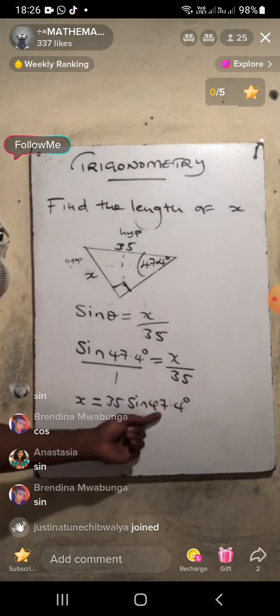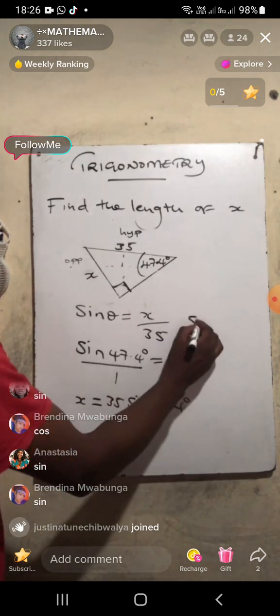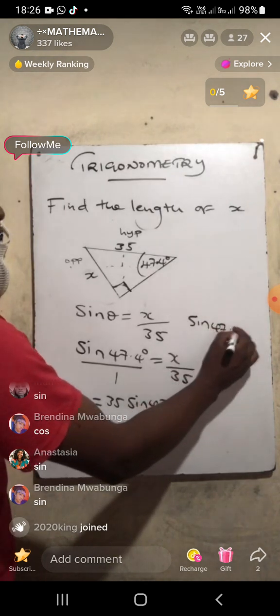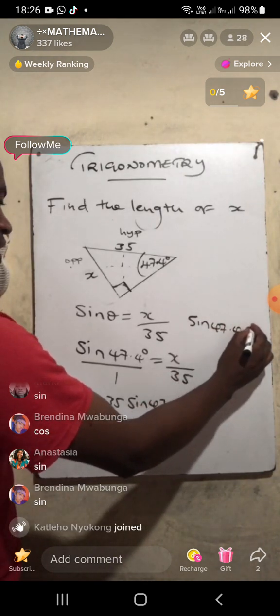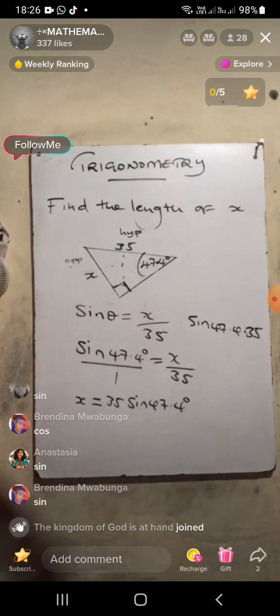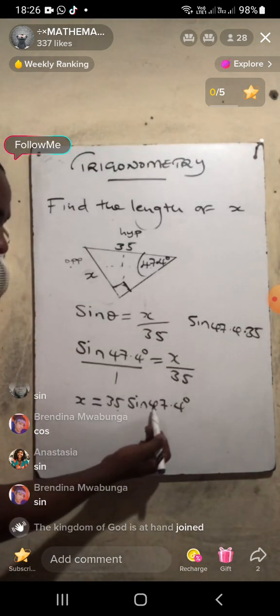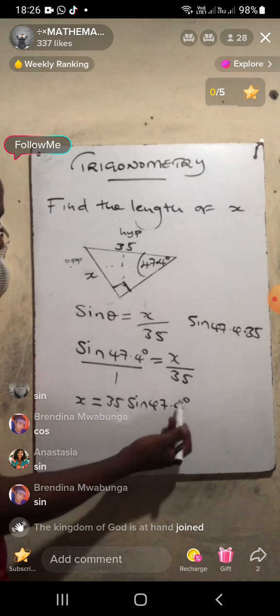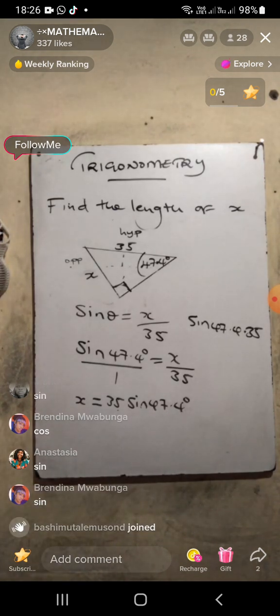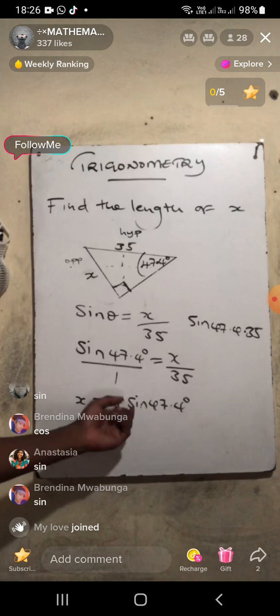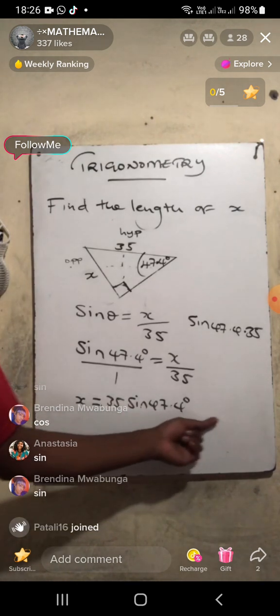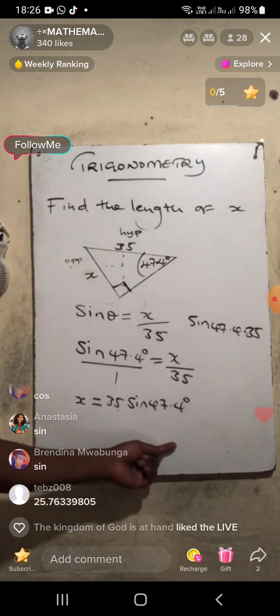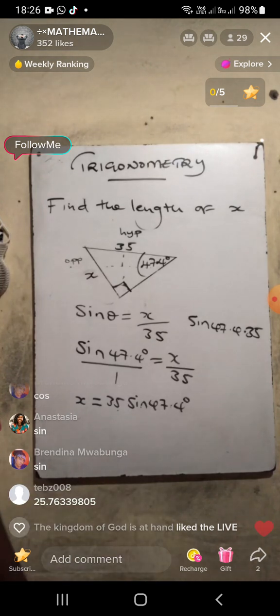Have you seen how I'm writing this? I'm not writing sine 47.4 multiplied by 35. Instead, I'm saying 35 sine 47.4 degrees. In that order, it helps so much when you are computing on a calculator.